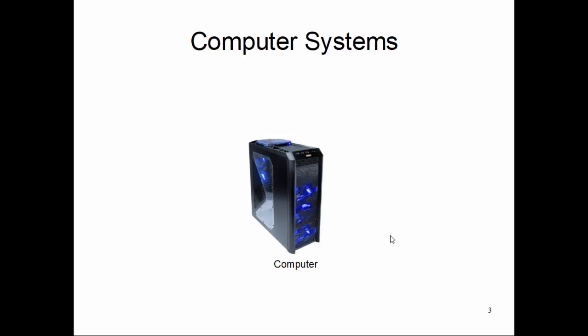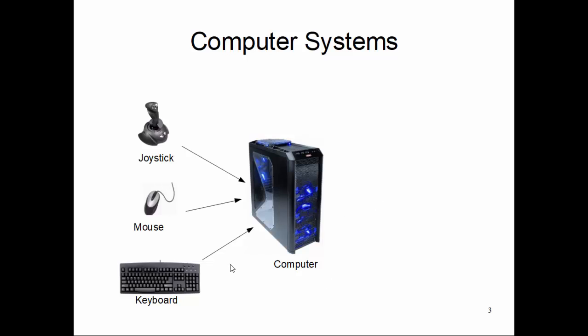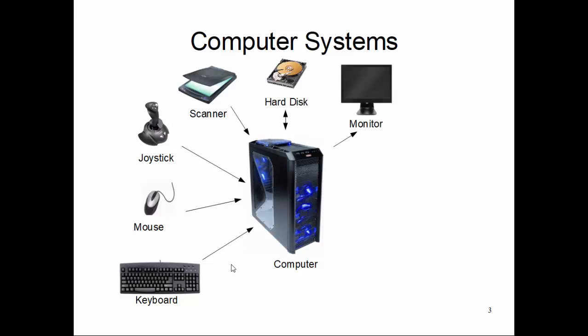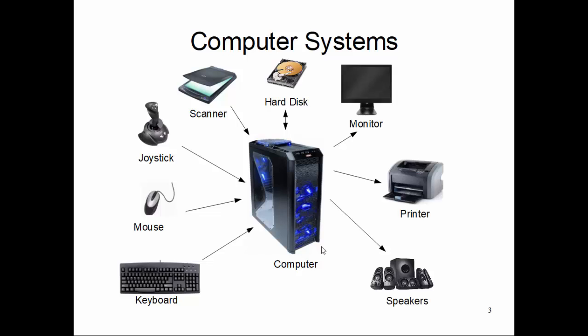So let's say we have a computing system, and this computing system is connected to many external devices like keyboard or mouse or joystick, scanner, hard disk, monitor, printer, speakers, right?